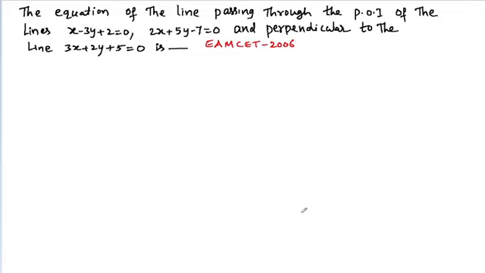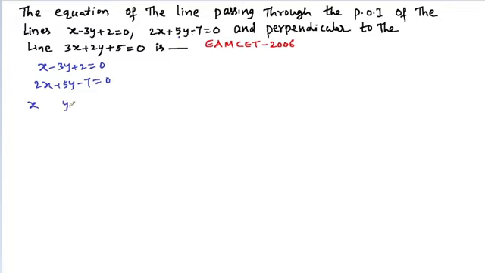The equation of the line passing through the point of intersection of the lines x minus 3y plus 2 is equal to 0, 2x plus 5y minus 7 is equal to 0, and perpendicular to the line 3x plus 2y plus 5 is equal to 0 is dash. This is an Eamcet 2006 question. First we find the point of intersection of the 2 lines, that is x minus 3y plus 2 is equal to 0, 2x plus 5y minus 7 is equal to 0.